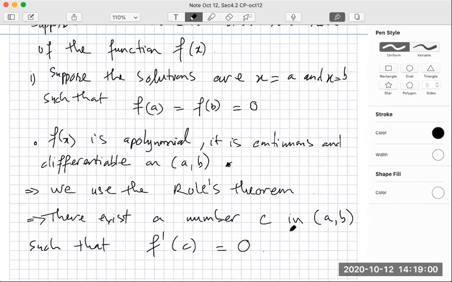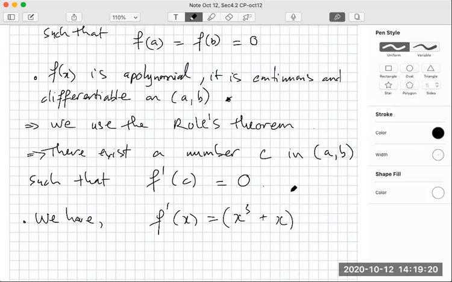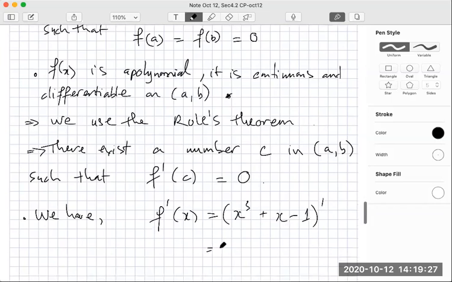That is from Rolle's theorem. But we have that f prime of x will be the derivative of x cubed plus x minus 1, which will be, yes, 3x squared plus 1.